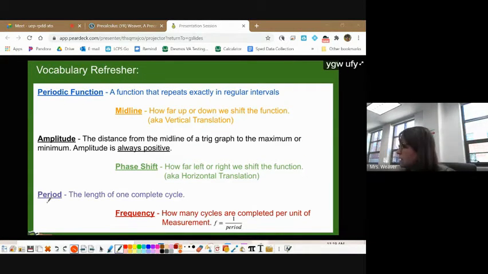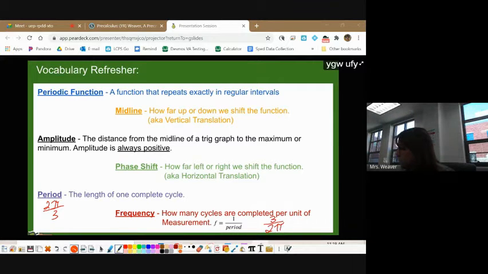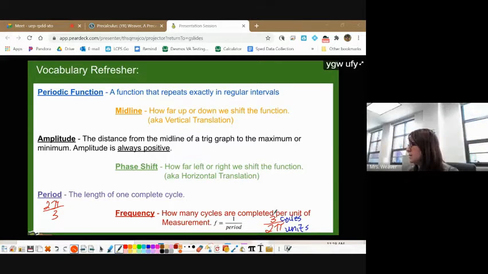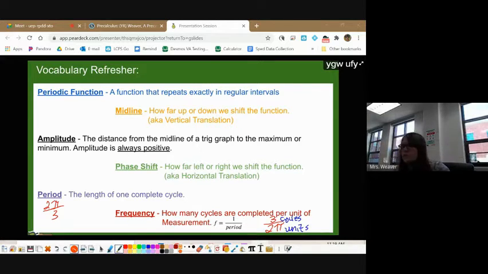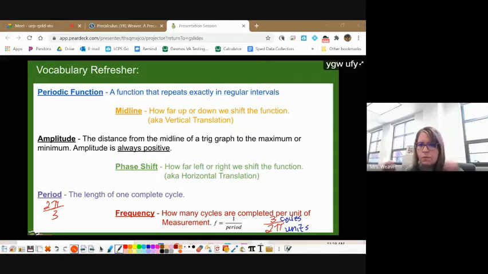If your period is 2 pi over 3, then your frequency would be 3 over 2 pi, meaning that you complete 3 cycles every 2 pi units. If it takes 2/3 of a pi unit to complete a cycle, then you'll complete 3 cycles every 2 pi units. So it's just the reciprocal of the period. Questions on any of that vocab before we start moving forward?